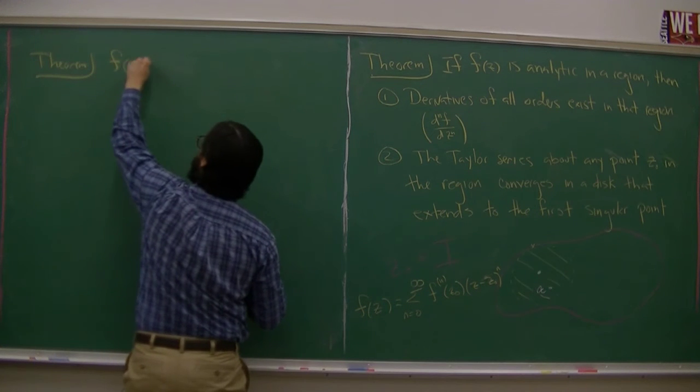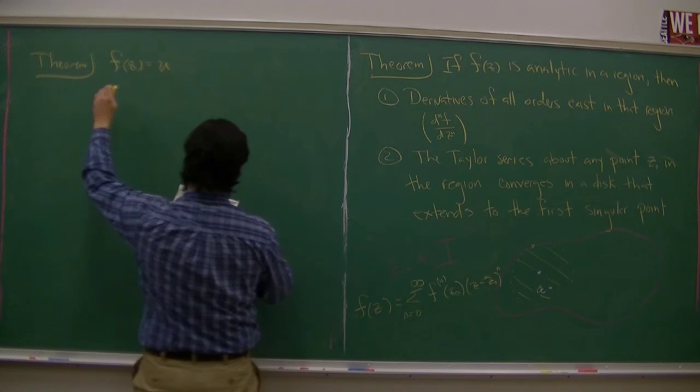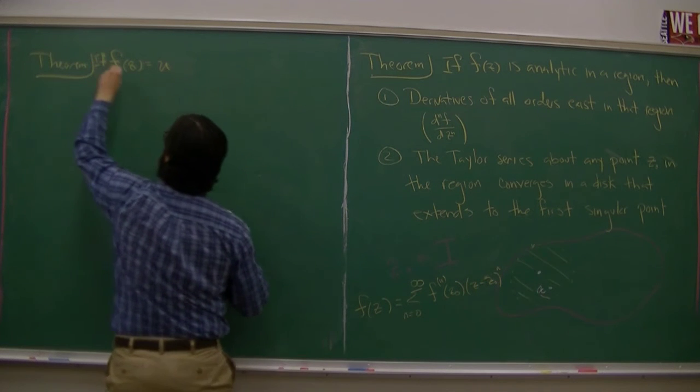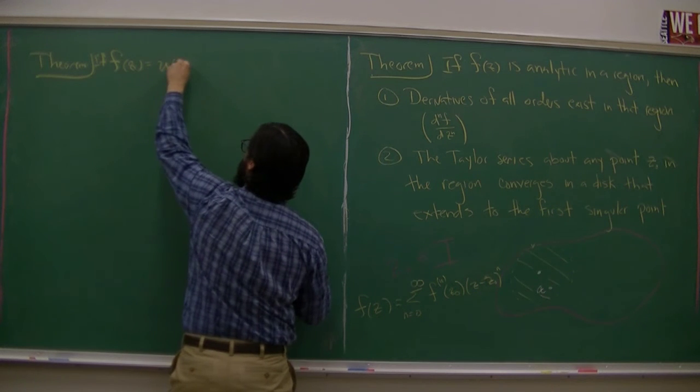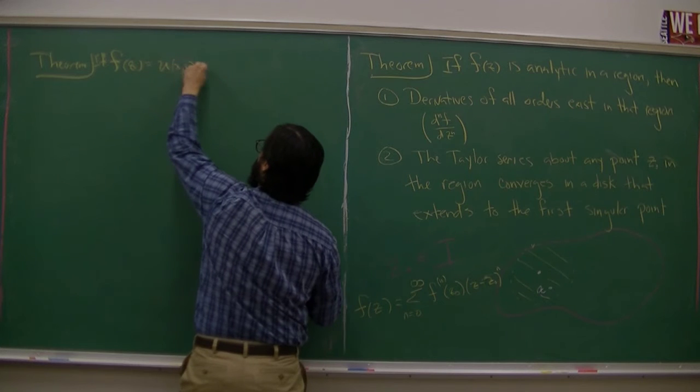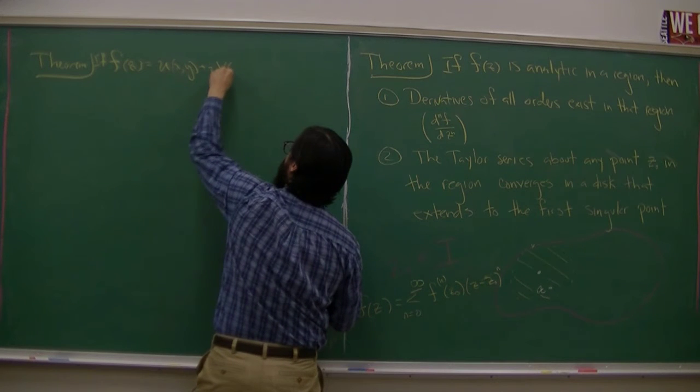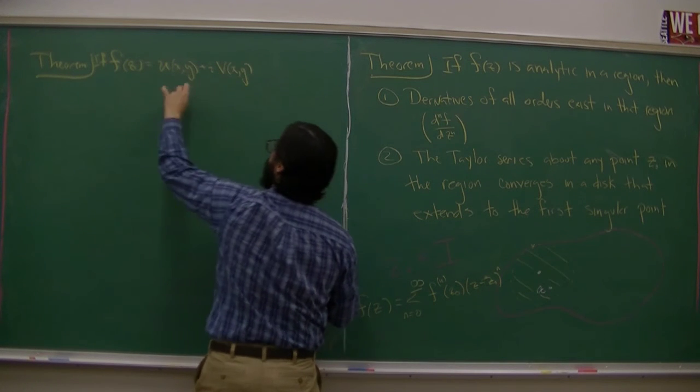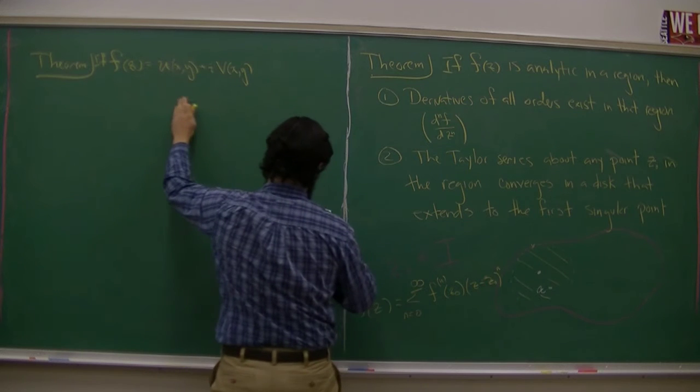We'll again describe a complex valued function. If f of z, which again we can talk about as u of x and y and v of x and y, real part and imaginary part.